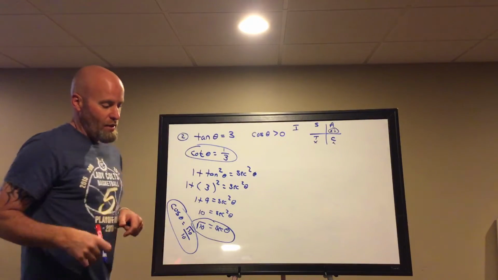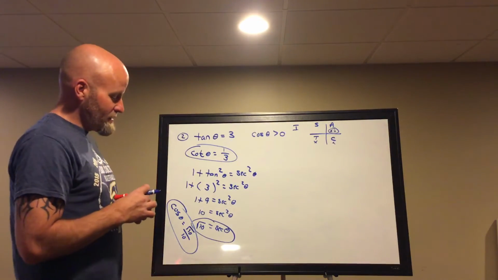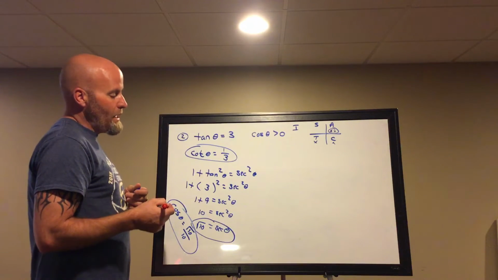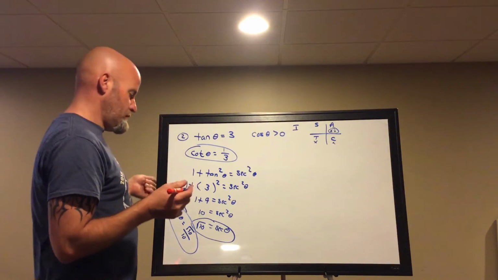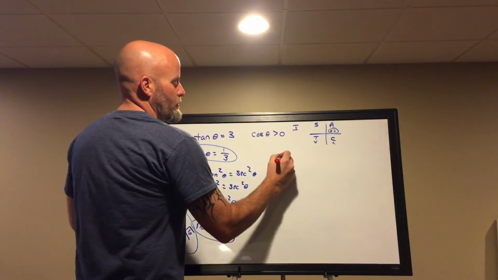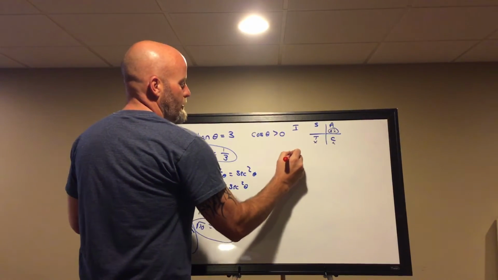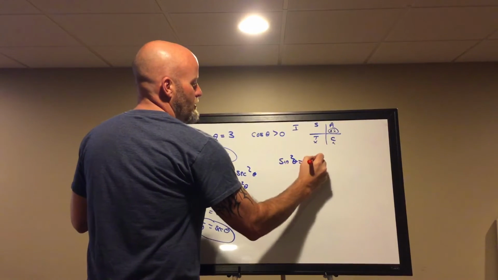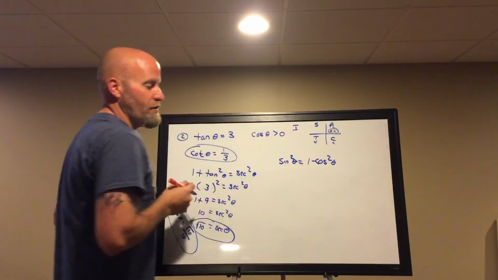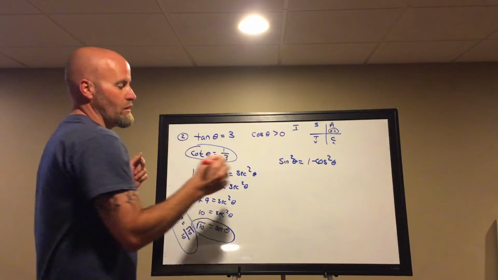So now we have 4 out of our 6. We can use whatever we need to go on. Since we have cosine again, we'll do sine squared theta equals 1 minus cosine squared theta, again from your Pythagorean identities.